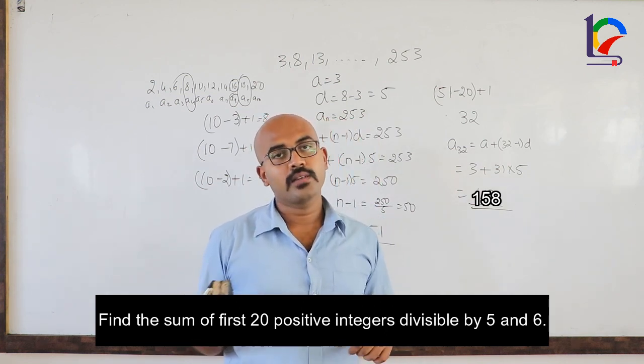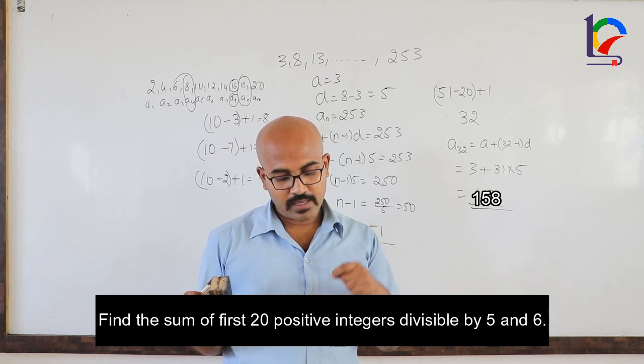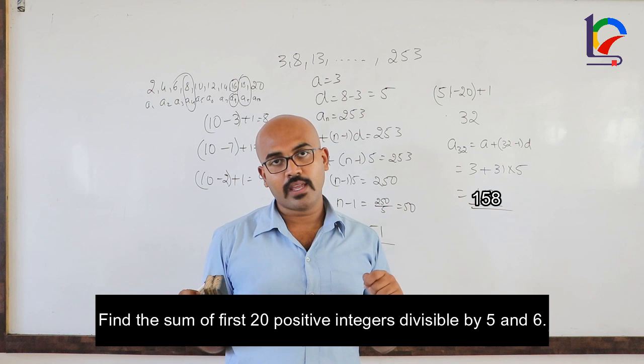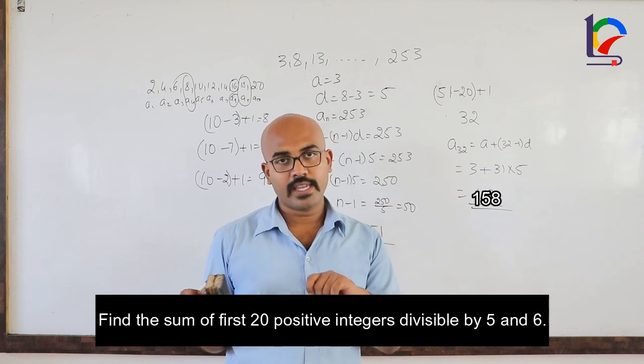What they have asked is find the sum of first 20 positive integers divisible by 5 or 6. They have asked 5 or 6, sorry, it's 5 and 6.